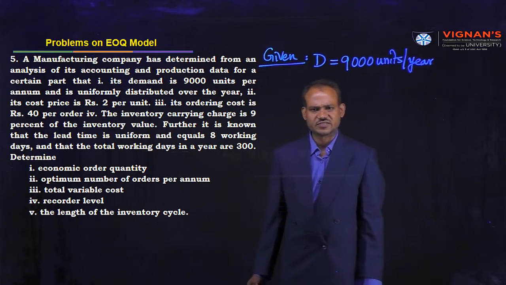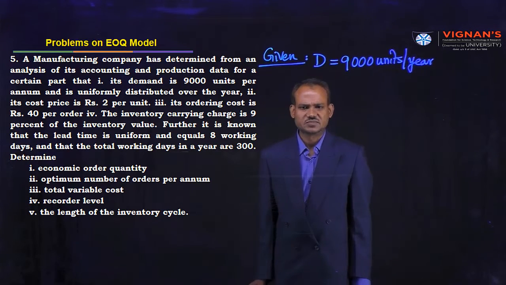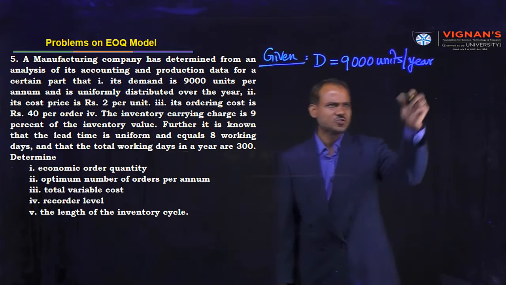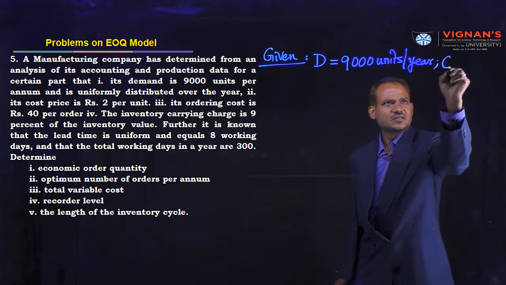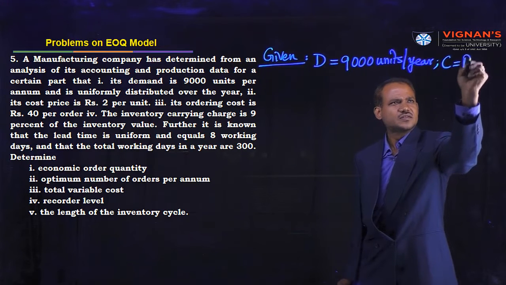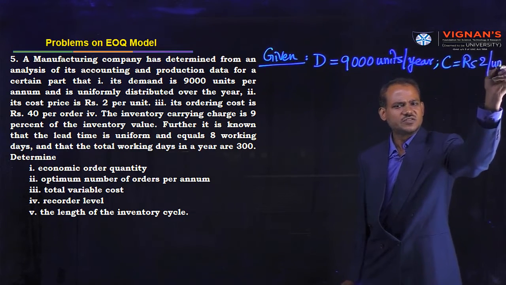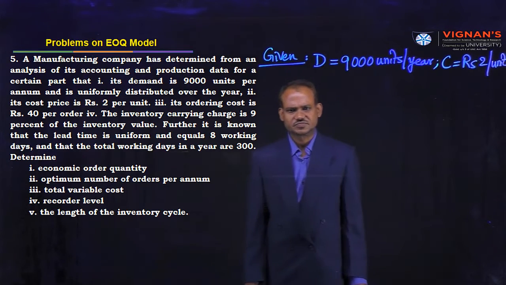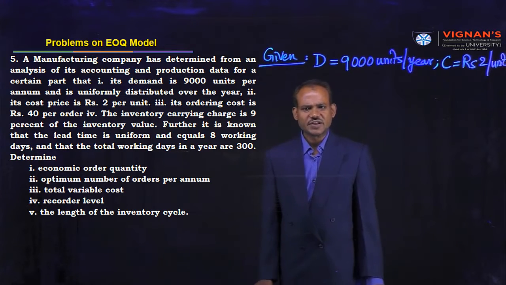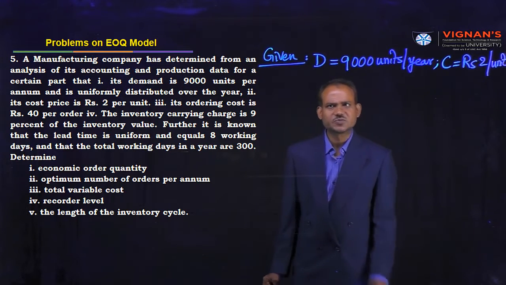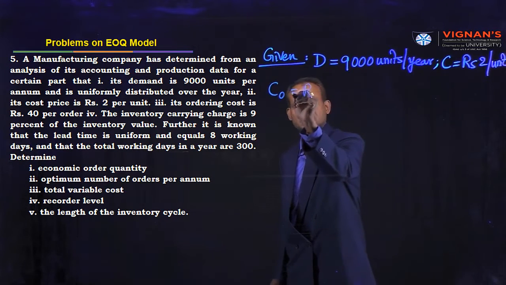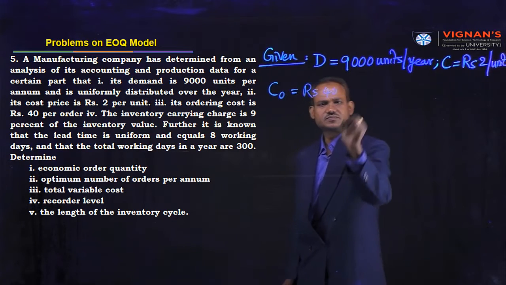Okay. Next, read some more information. Next sentence is its cost price is 2 rupees per unit. Cost price is given. Capital C, 2 rupees per unit. Next, its ordering cost is 40 rupees per order, means CO is equal to 40 per order.